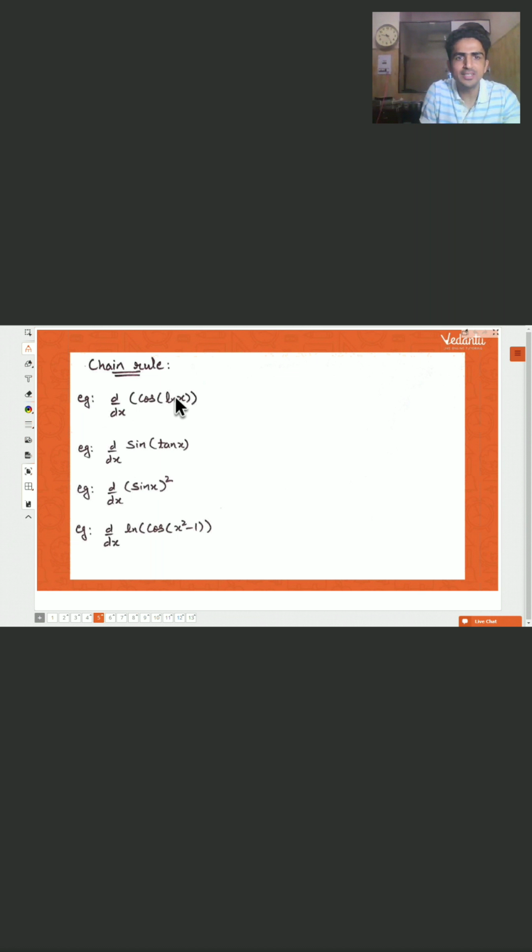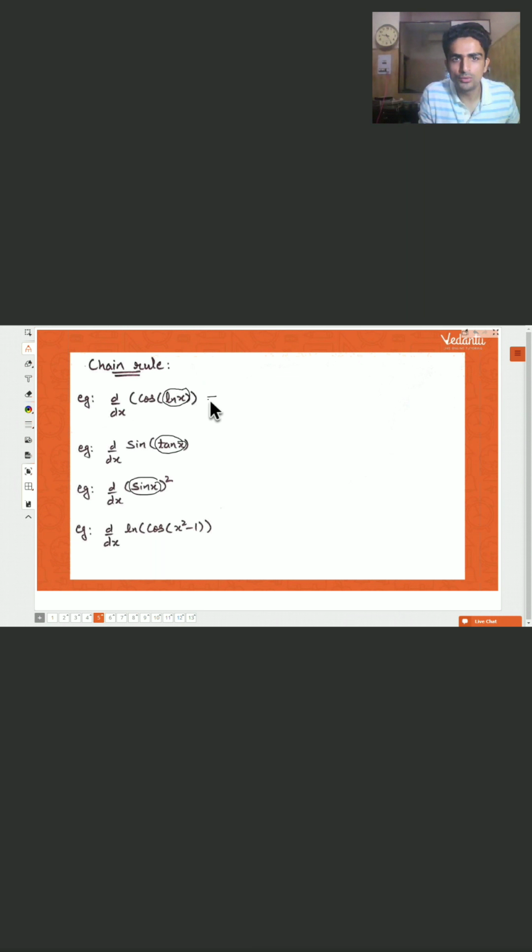All is about function inside function. This is a function inside cos. This is a function inside sine. This is a function inside square. Here we have two functions. Chain rule is all about these things, when we have a function inside a function.